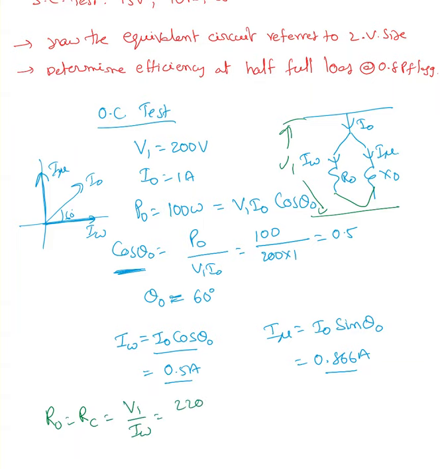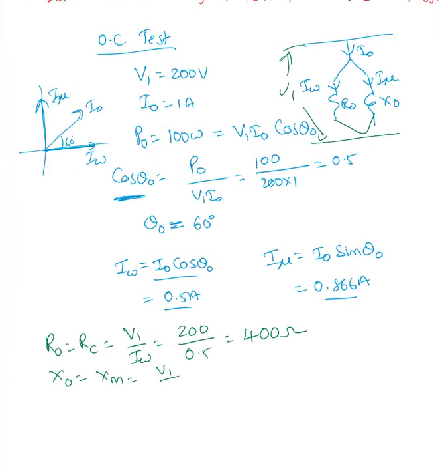V1 is 200 over 0.5, which is 400 ohms, and X0 or XM equal to V1 over I mu, which is 200 over 0.866, 231 ohm. So from the OC test I found R0 and X0.